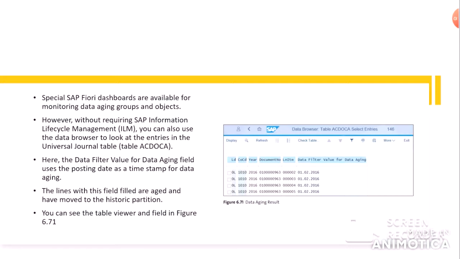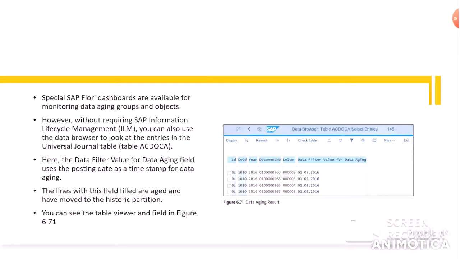Here, the data filter value for data aging field uses the posting date as a timestamp for data aging. The lines with this field filled are aged and have moved to the historic partition. So this is the data aging result. So we can see here.